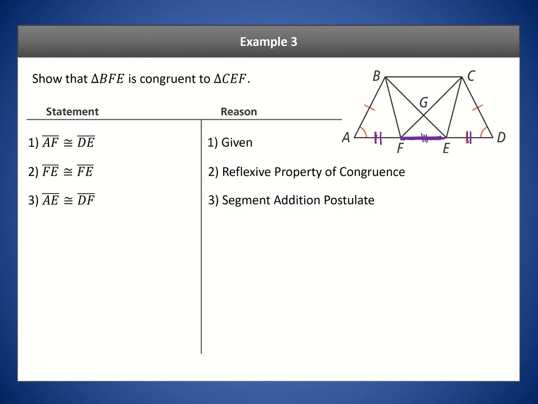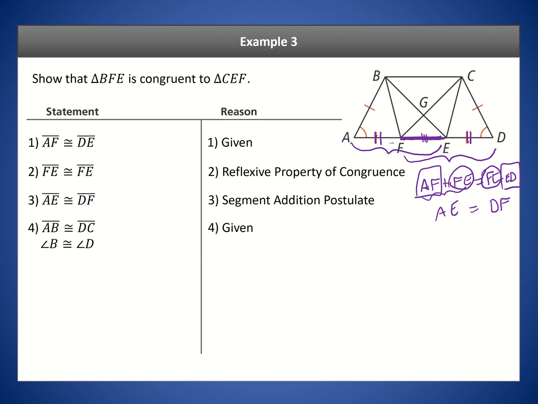And now, similarly to before, we know that AE is congruent to DF because AF plus FE is going to give us AE, and that's the same thing as FE plus ED, which is going to give us DF. And we know that those two things are the same because we know that FE is congruent to FE, and we know that AF is congruent to ED based off of what's given.